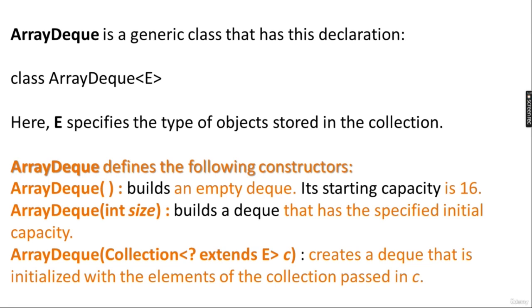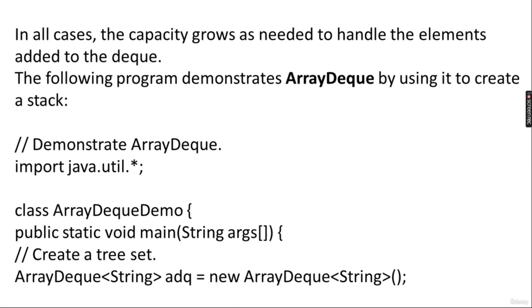Then ArrayDeque(Collection<? extends E> c) creates a deque that is initialized with the elements of the collection passed in c. The capacity grows as needed to handle the elements added to the deque. The following program demonstrates ArrayDeque by using it to create a stack.